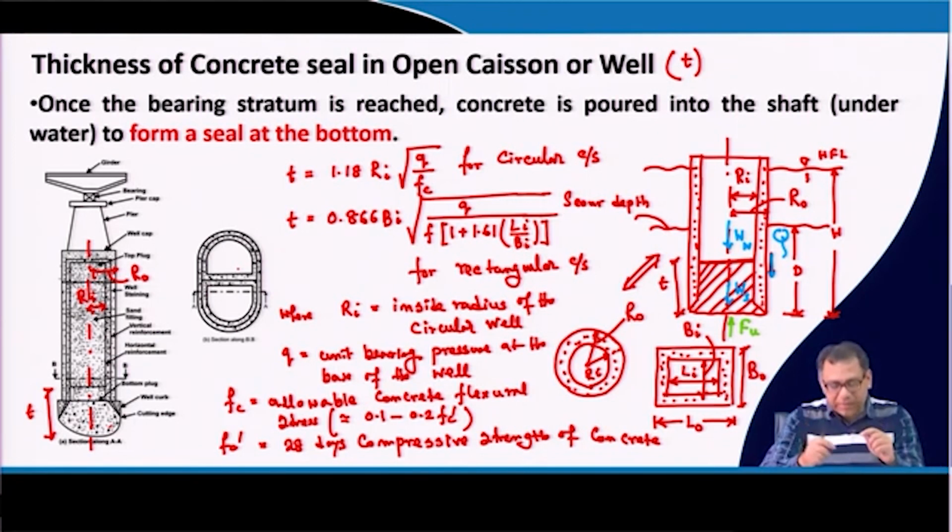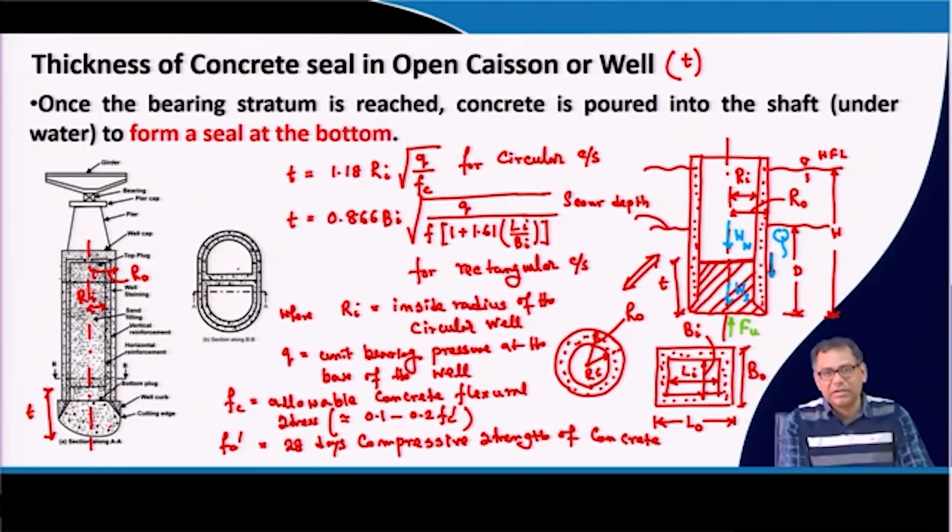Okay? Because after the concrete sealing is done, there will be a sand filling, then there will be further concreting for the top plug. Those things will be done later on. But when this buoyancy check is done to provide sufficient thickness, at that moment there will be only the well shaft and the bottom seal.